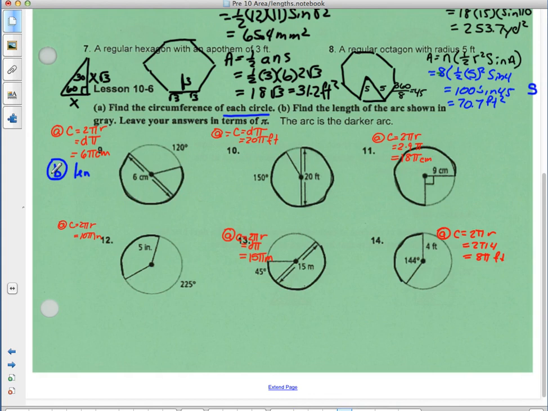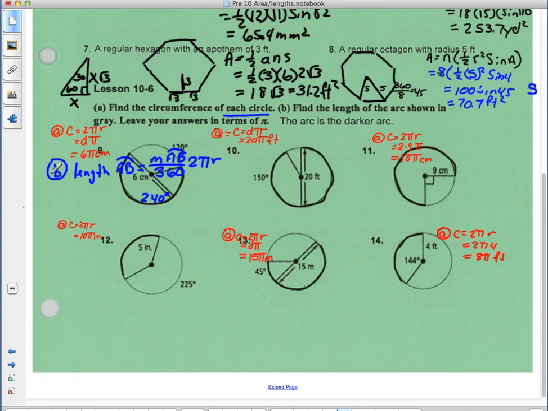So I'm going to go the length of my AB is equal to measure of arc AB over 360 times 2 pi r. Now, my arc measure is 240 degrees here because this is already 120, but the solid is 240.